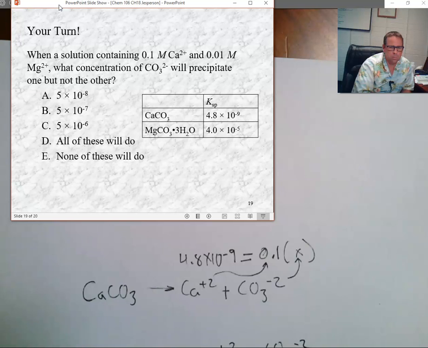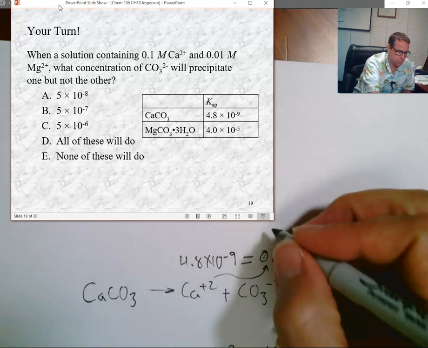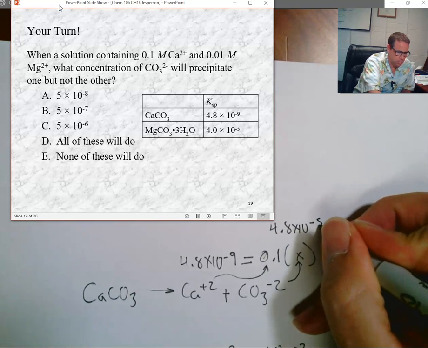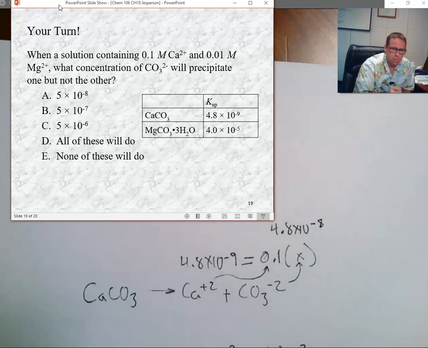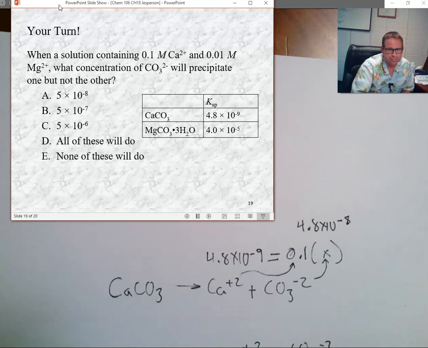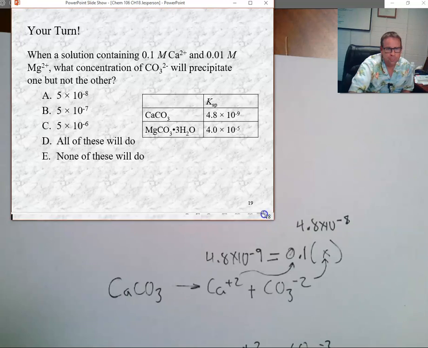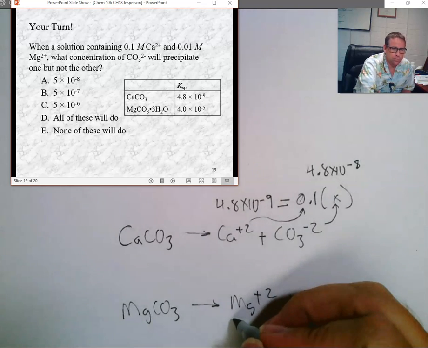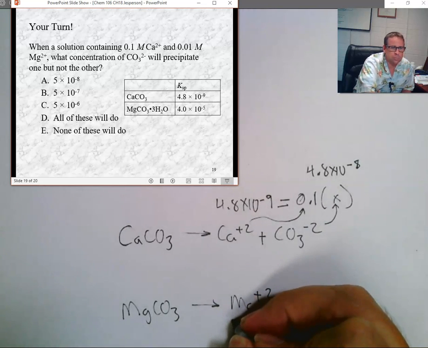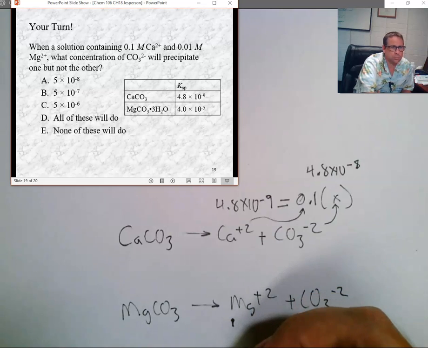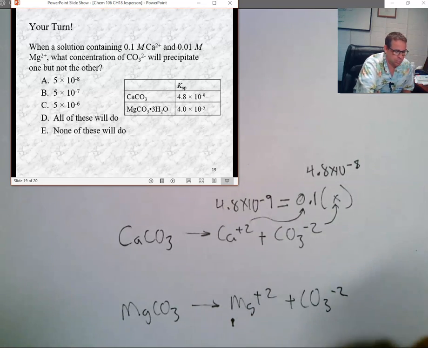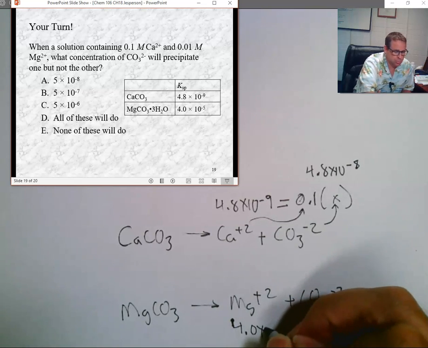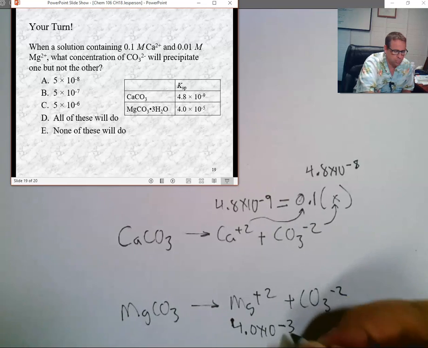And then we can solve that, which is 4.8 times 10 to the negative 8, sorry. And then the other equation, the concentration of the CO3 is 4.0 times 10 to the negative 3, because that's 0.01 molar.